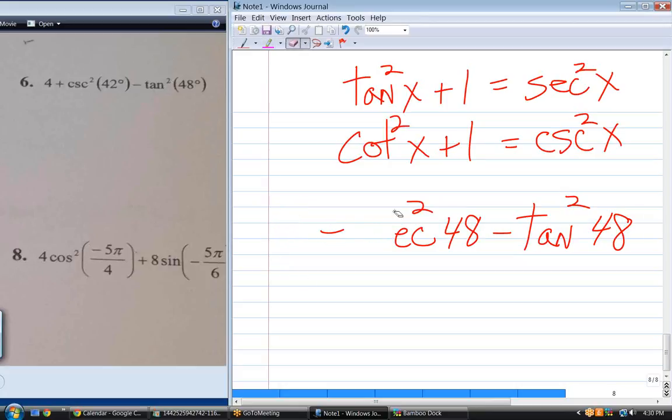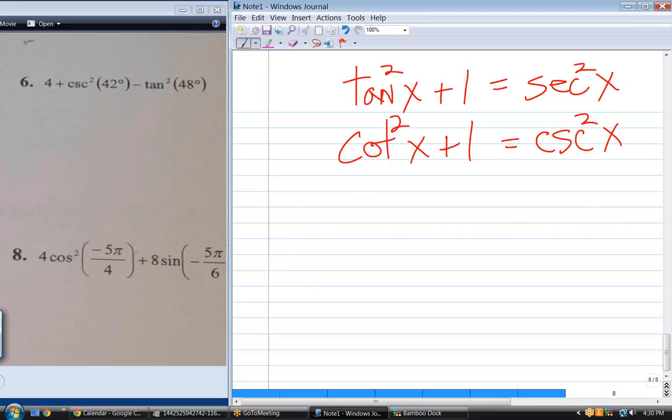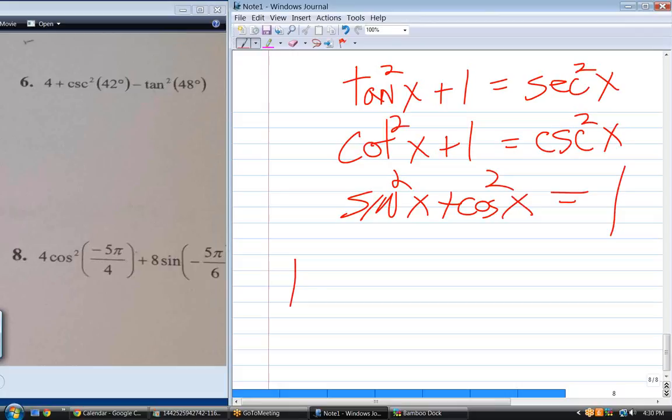But what I'm saying is that the third one is sine squared plus cosine squared equals 1. But what they give you is stuff like this, and you have to figure out what to replace that with. They don't give it to you in the way that they ask you to memorize it.